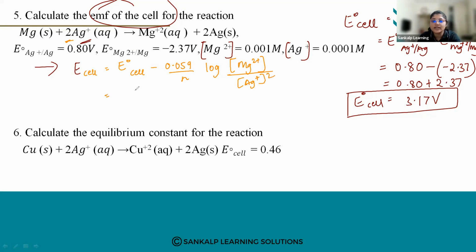Now, E naught of cell is 3.17 minus 0.059 divided by 2, n is 2, log of Mg2+ is 0.001 divided by 0.0001 squared. Yes, solve it, students.